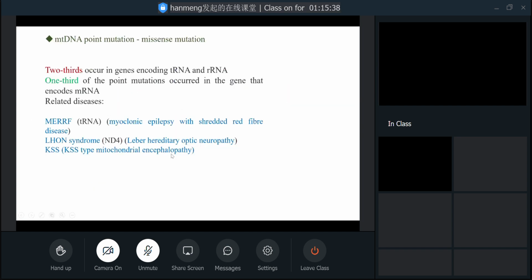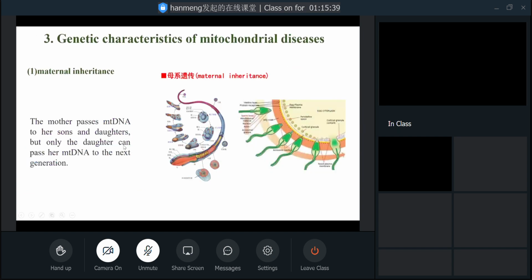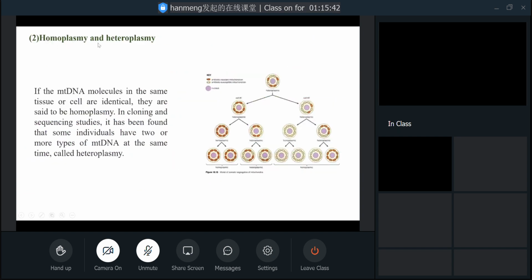Here is the homoplasmy and the heteroplasmy. If the mitochondrial DNA molecules in the same tissue or cell are identical, they are said to be homoplasmic. In cloning and sequence studies, it has been found that some individuals have two or more types of mitochondrial DNA at the same time. This is called the heteroplasmy.